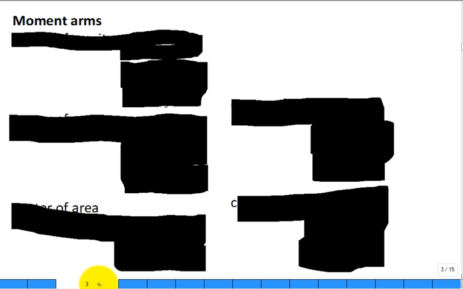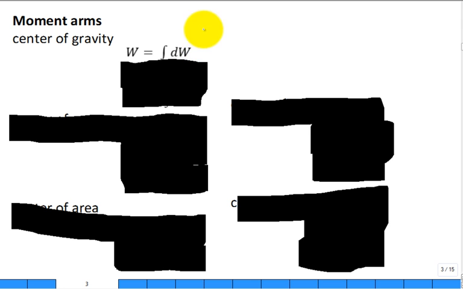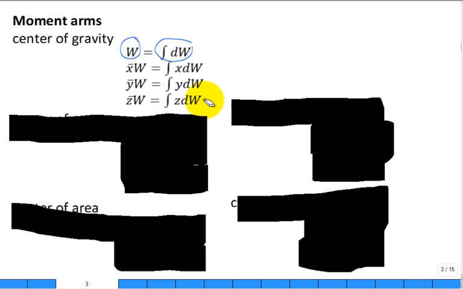So the key idea is those moment arms. Sometimes it's hard to see in the equation, but if you have the center of gravity, you can think of the total weight of the system. That would be the sum of all the incremental weights, and that turns into an integration for a continuous system. And then using that total weight times an average x distance is equal to the integral, or the sum over all of them, of x dW.